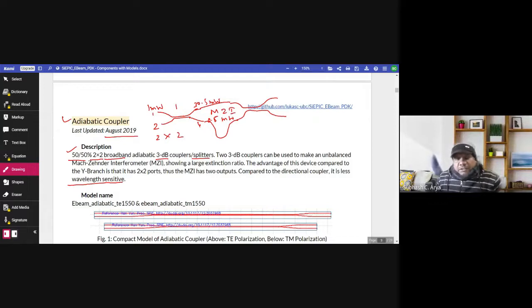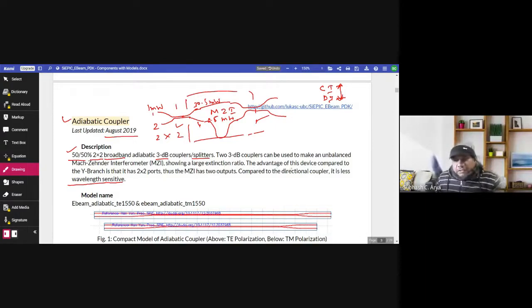Here we are using one adiabatic coupler here, another adiabatic coupler here, showing a large extinction ratio. So this entire structure gives a large extinction ratio, meaning the difference between constructive interference and destructive interference is very large. So it is very clear cut, the splitting ratio is there, so that is why large extinction ratio.